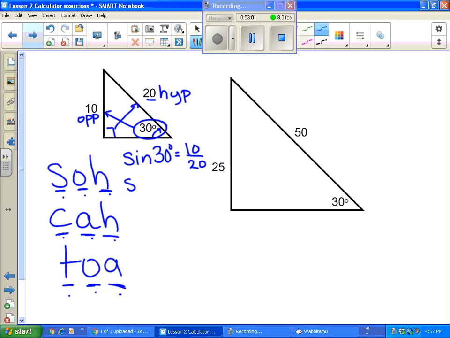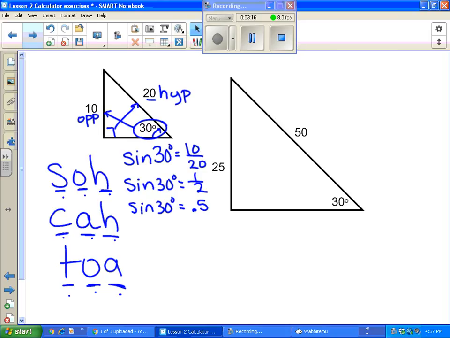And the thing about 10 over 20 is it actually reduces. 10 over 20 is 1/2. Or sine of 30 degrees could be 0.5 if you wanted to change it to a decimal. Now that's that smaller triangle. What about a bigger triangle that also has angle 30 degrees?